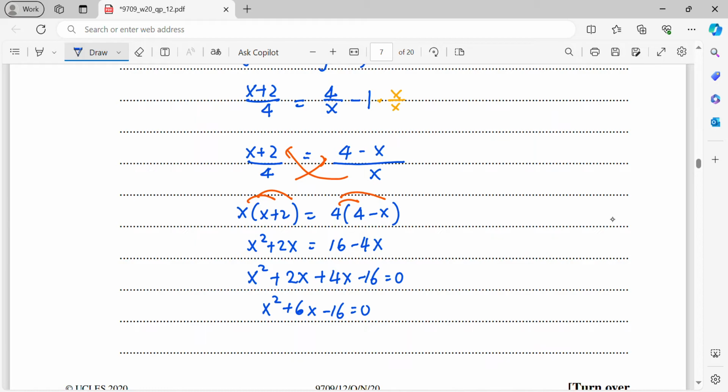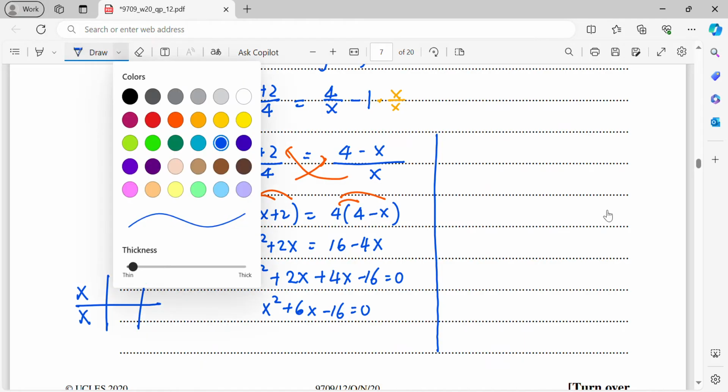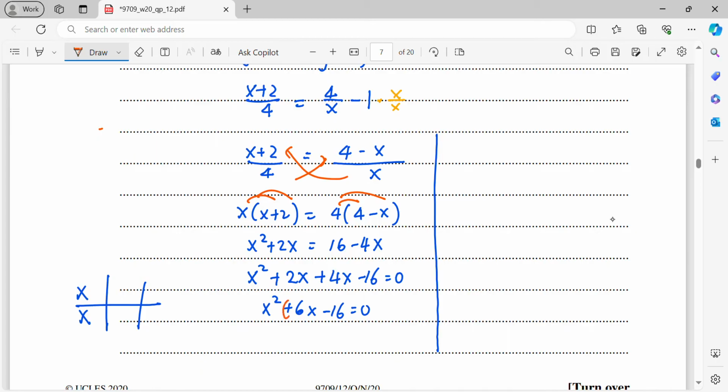Okay, and now this quadratic equation can be factorized into two factors. So it will be x times x. Then plus times minus is a minus, so you will have a plus and a minus sign. For the 16, I can check 8 and 2 because I want to get positive 6.